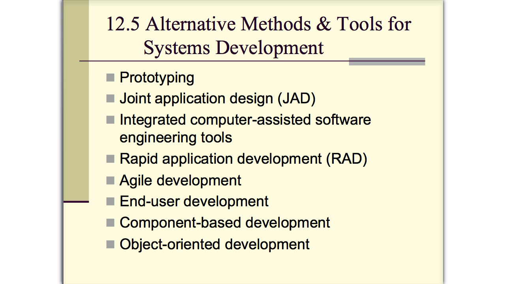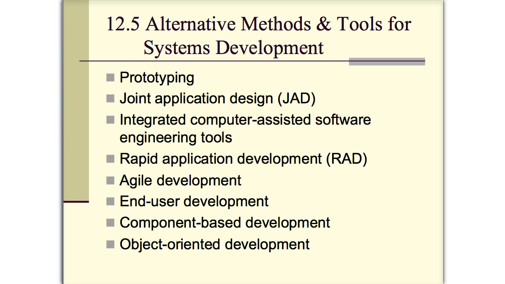You have to be able to get feedback from them maybe daily or weekly. With older SDLC types of system projects, that was not the case. And user development is where you're developing it in-house. The users themselves, with the brain power, are actually developing it.